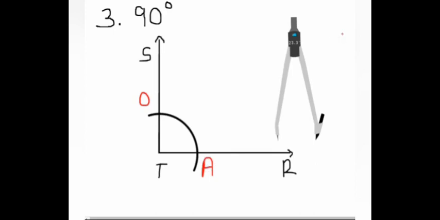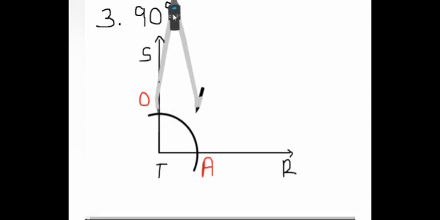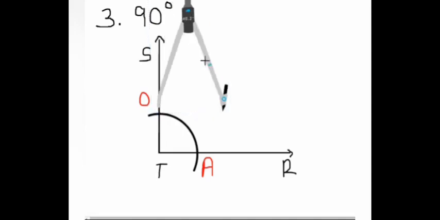Now I'll take my compass again and keep it on O. Where will I keep? On O. If you want to change the distance, you can change. Otherwise, keep the same distance. I want to increase, so I'm increasing now. So I will draw an arc here. Did I draw?